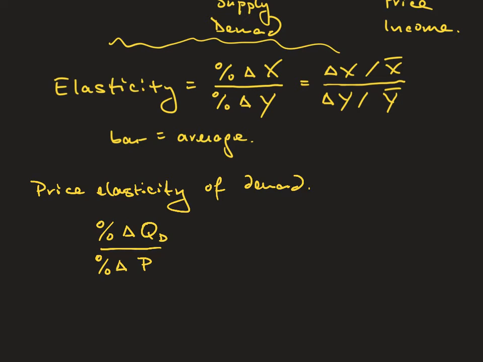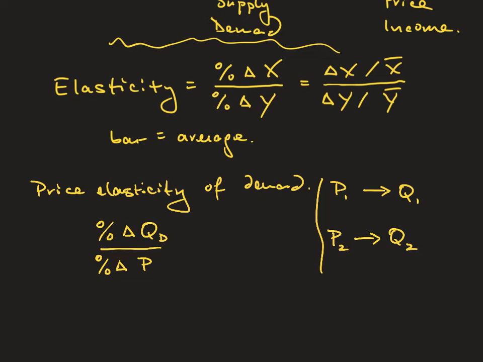So we're given two sets of prices and the quantities demanded. Call them P1 and P2. When the price is P1, quantity demanded is Q1. When the price is P2, quantity demanded is Q2.